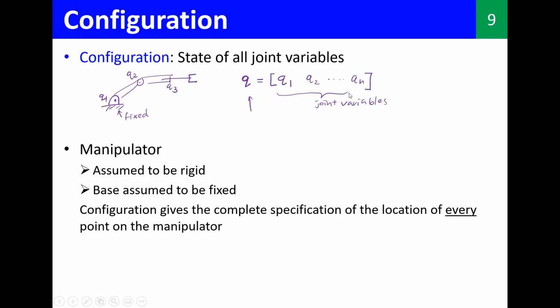Let's say we take the same manipulator, and I tell you that Q equals pi over 2, and the next one minus pi over 2, and the next one is 1, whatever the unit. When I give you the configuration, do you know how the manipulator looks? You should be able to draw it.